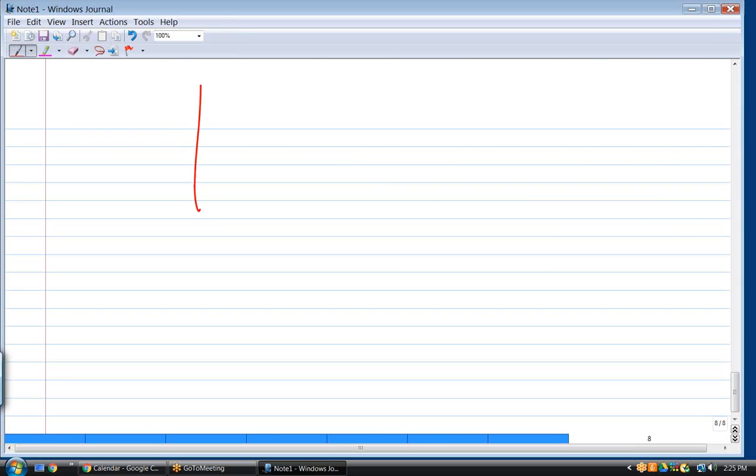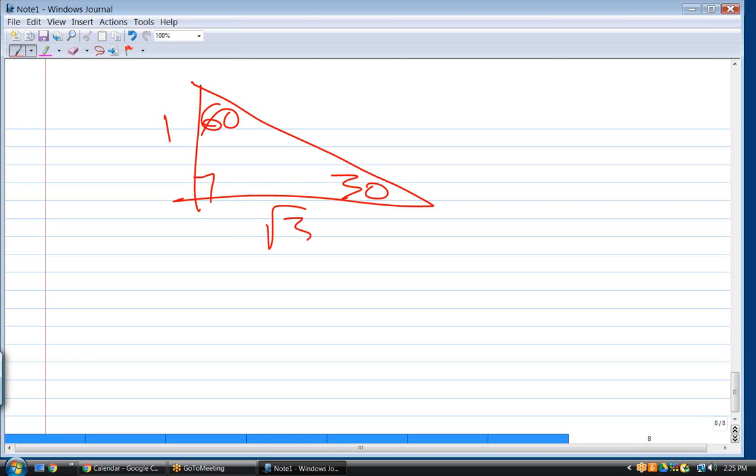Remember that if we're looking at that 30-60, you don't necessarily have to use the reverse. As long as you know the cosine of 30 degrees, the secant of 30 degrees would be its reciprocal, so the secant of 30 has to be 2 over root 3 instead of root 3 over 2.